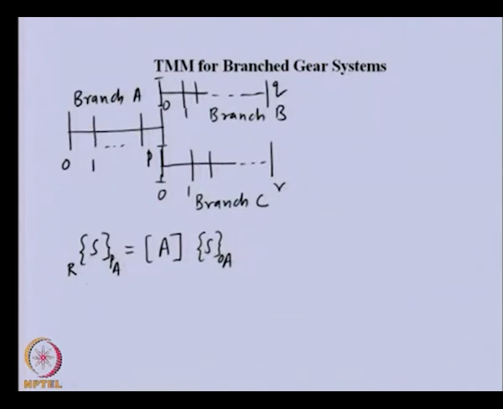Similar expression we can write for branch B. In this particular case we have q number of things.